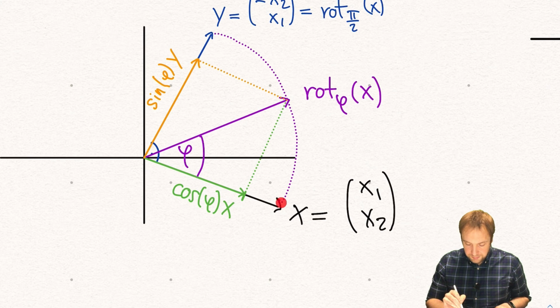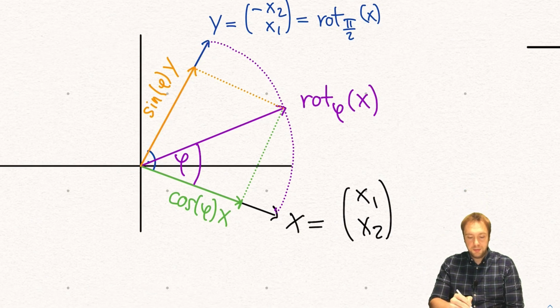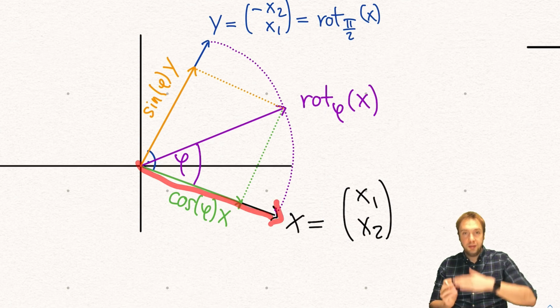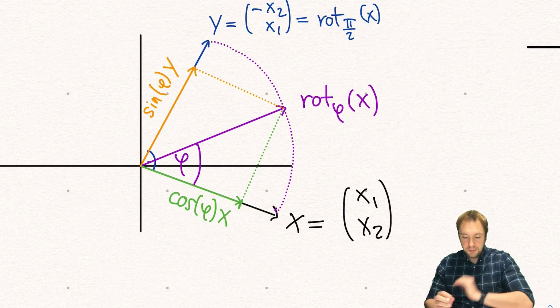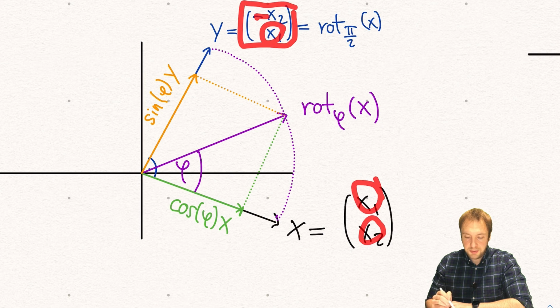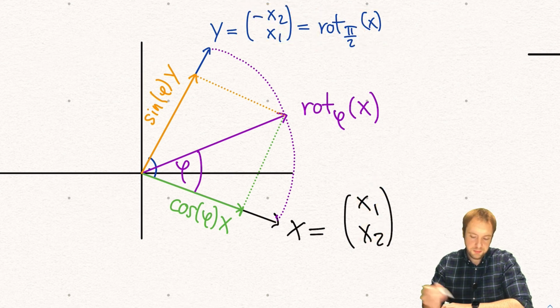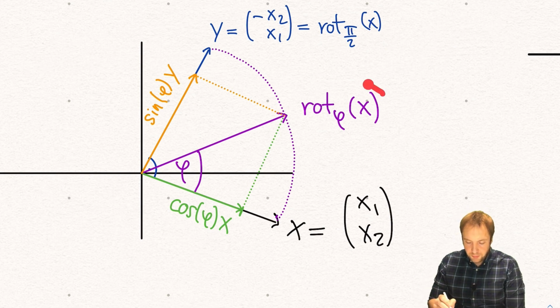For this, we also draw this vector here. This is the one we saw at the beginning. This, which I call y here, is the vector x rotated by 90 degrees. And this was done by just taking minus the second entry and plus the first entry here. So this corresponds to the rotation by pi half, and pi half corresponds to 90 degrees.